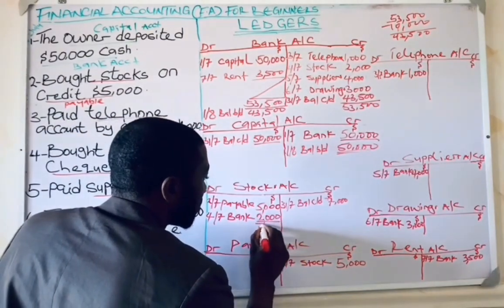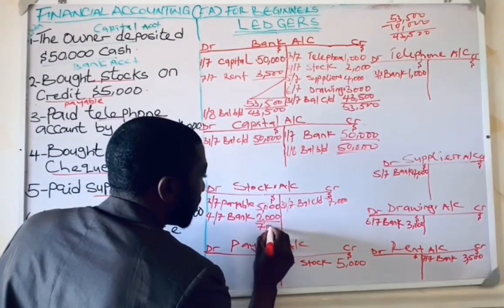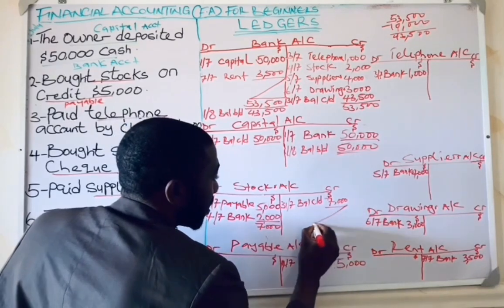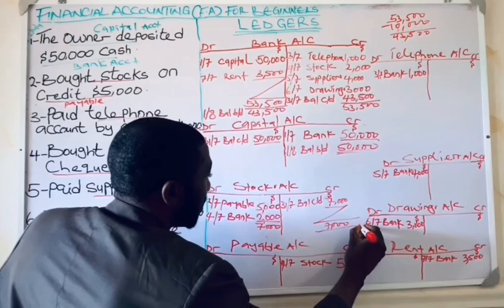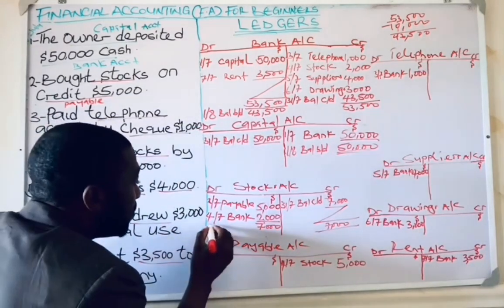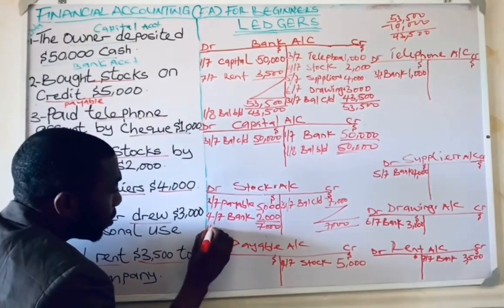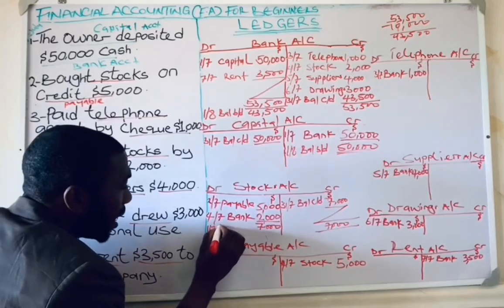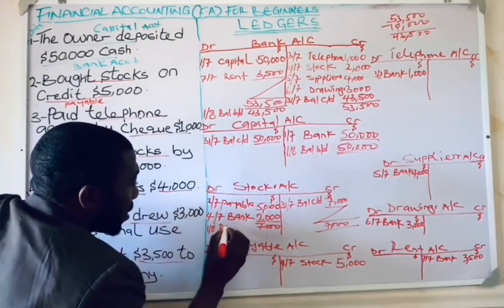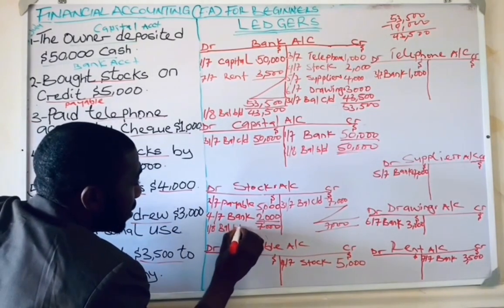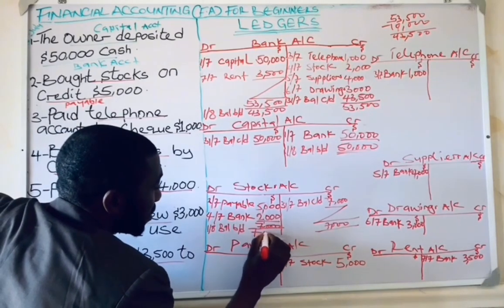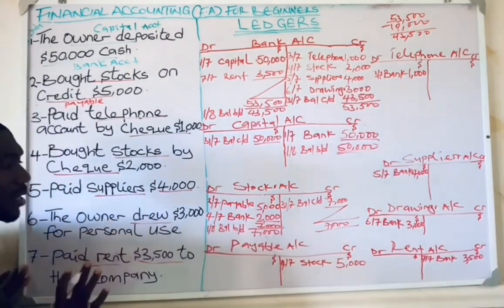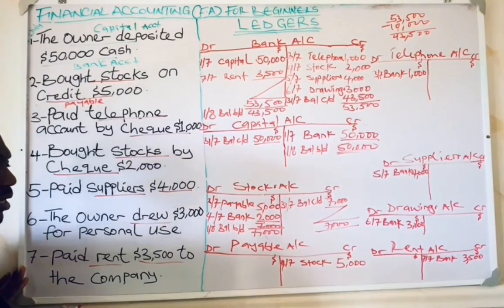Then, at the beginning, the 1st of August, your balance BD, brought down, is $7,000. This is what we have in the stock account.